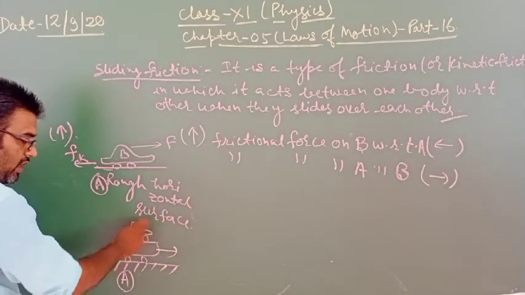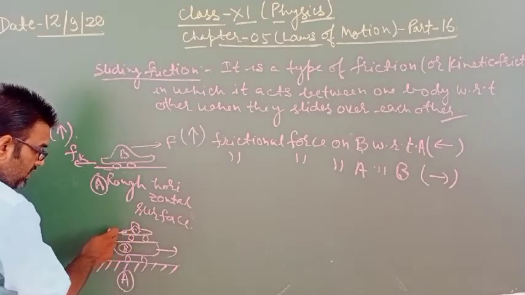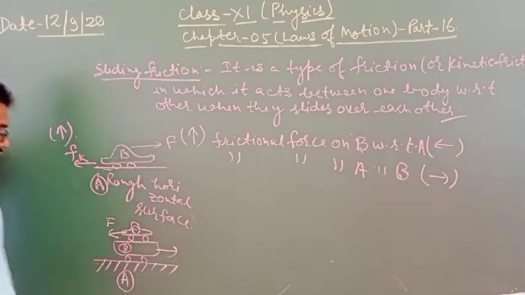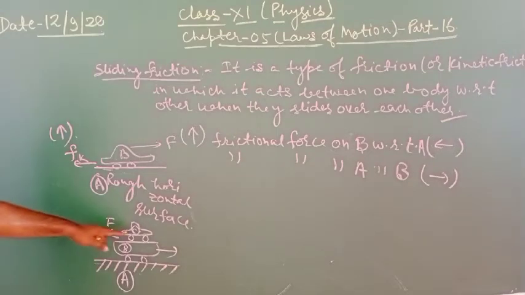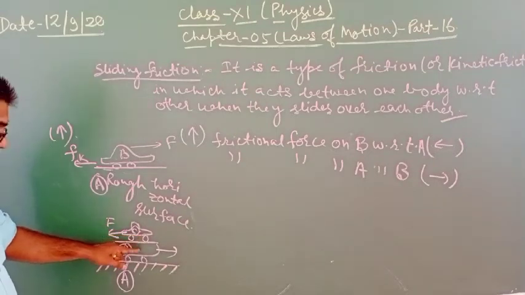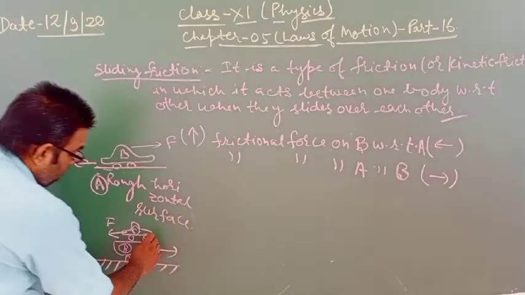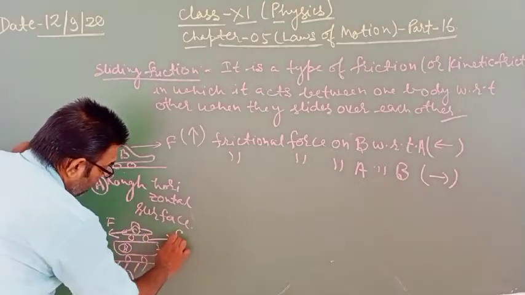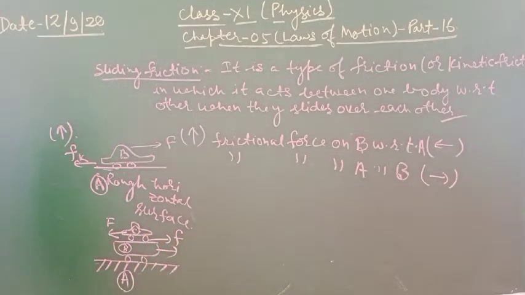due to Newton's third law, a force in this direction tries to oppose this impending motion between B and C, and so a frictional force F is acting in this direction.